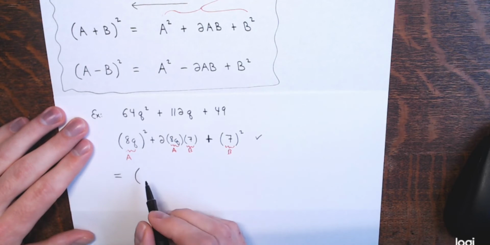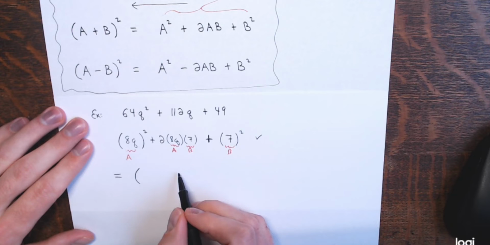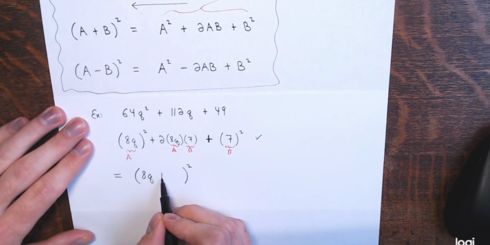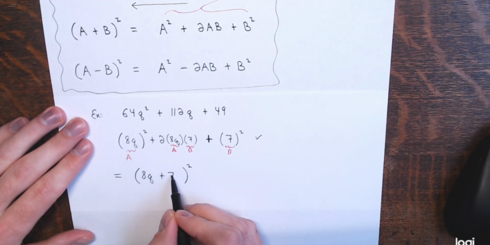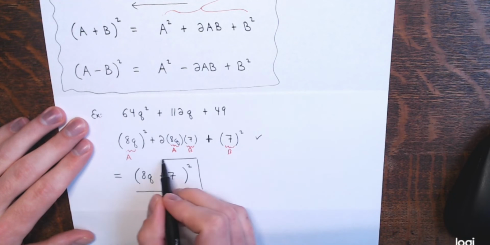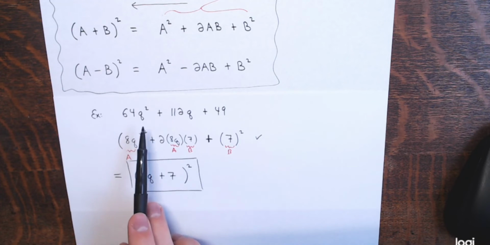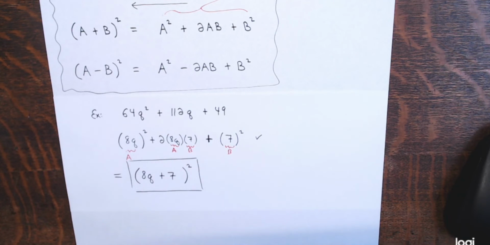It's going to be a plus b, that quantity squared, and a is 8q plus, and then b is 7. And here we go. And again, you can check by multiplying. Take 8q plus 7 and multiply it by 8q plus 7 again. Do all the foiling and whatnot, all the distributing, and you'll get 64q squared plus 112q plus 49, I promise you. Right? And I'll leave that to you this time.